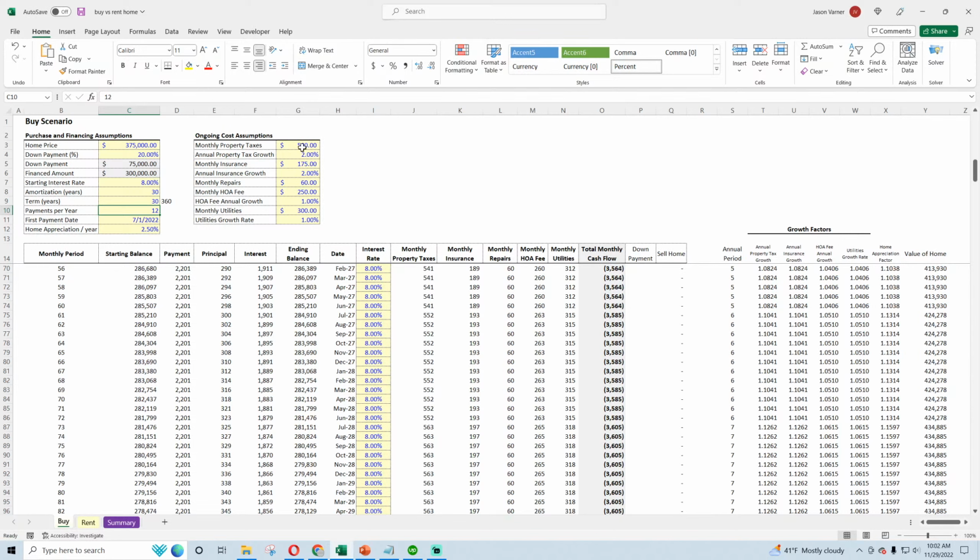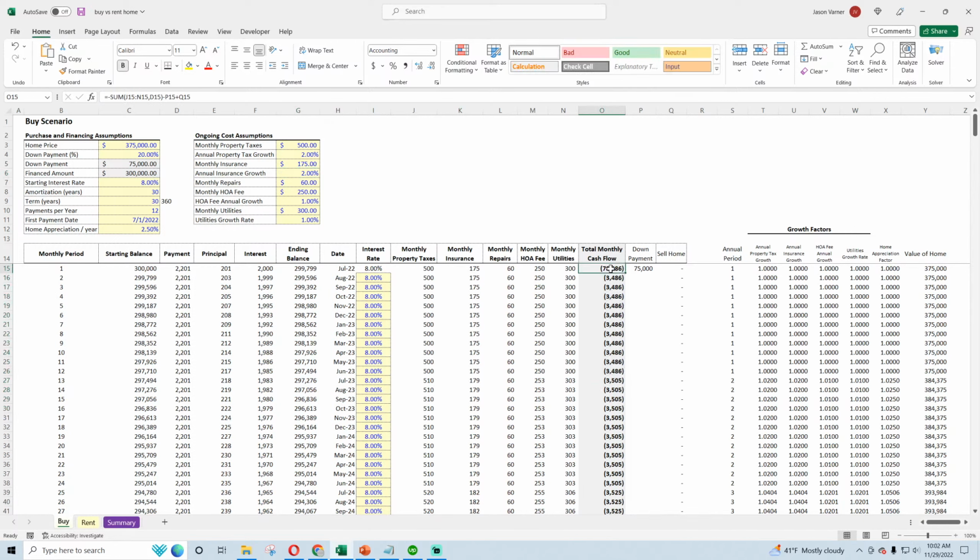You've also got ongoing costs to own a home like property taxes, insurance, repairs, potentially HOA, and utilities. In all these, you can enter the starting monthly amount and the expected annual growth of those. And that'll give you a cash flow stream here. And you can see the down payment plus the starting principal and interest, and then principal and interest over time.